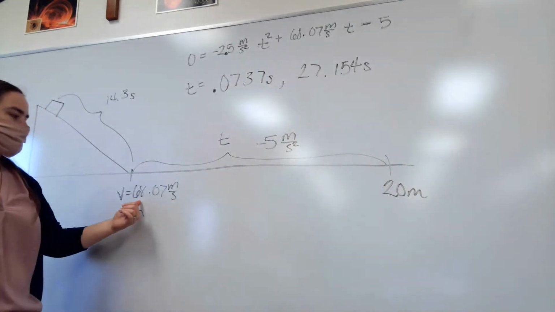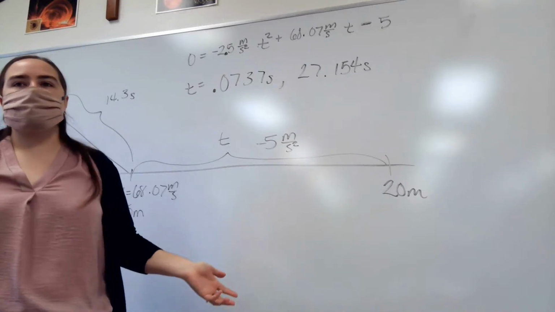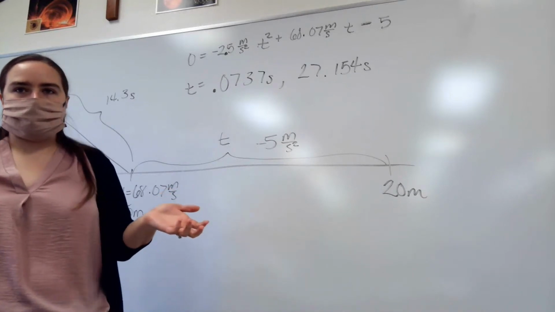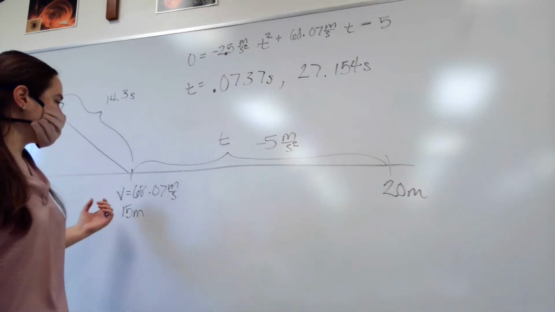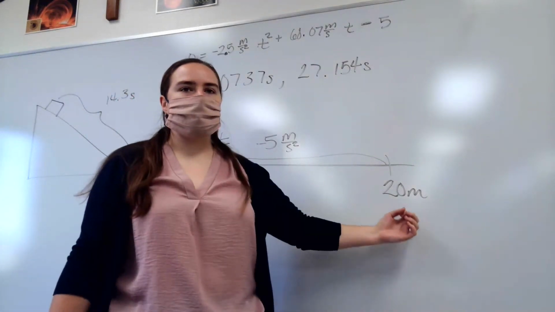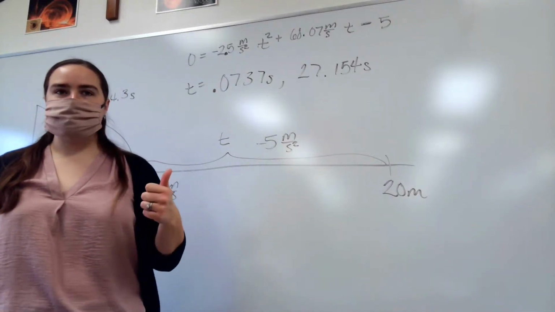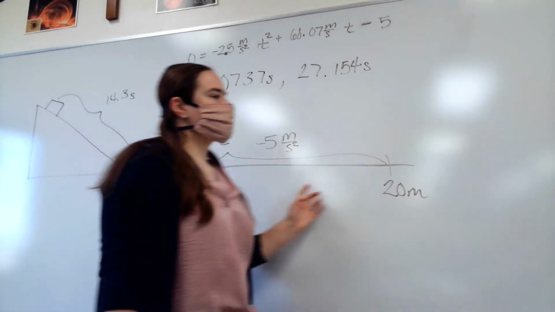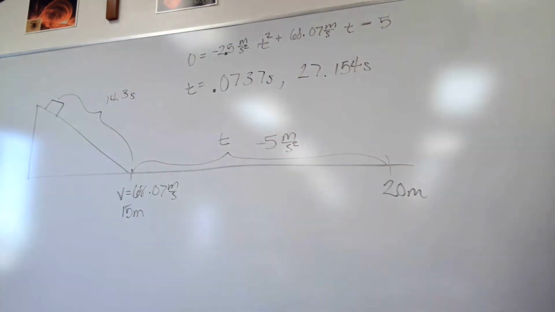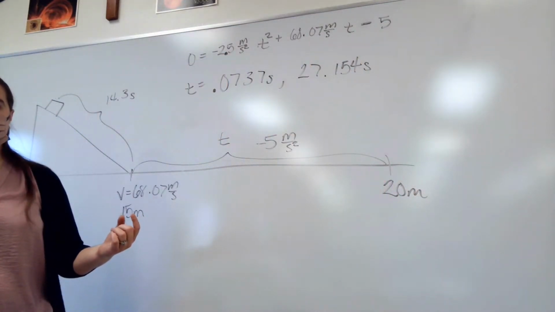Because it's going 68 meters per second and it's only 5 meters away, of course it's going to pass the point in less than a second, right? So it does not take very long to go that 5 meters from here to there. The second time is how long it's going to take for it to go all the way out here, slowing down the whole time, stop, and turn around and come back. Does that make sense?